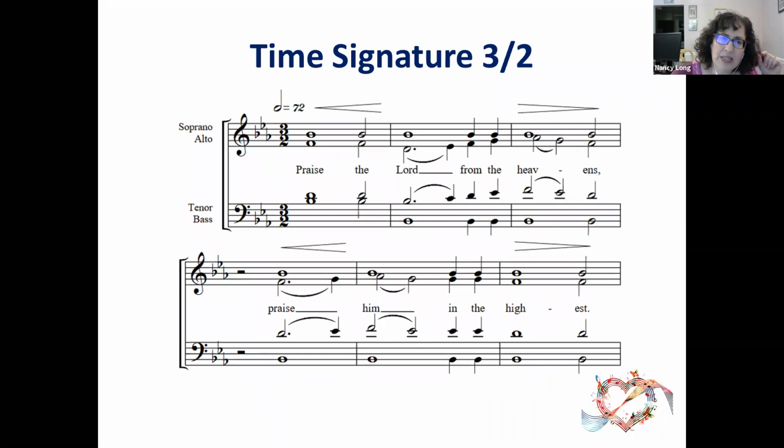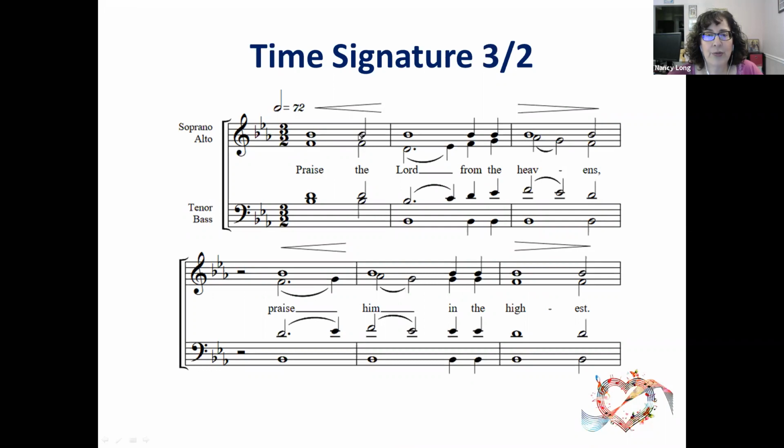I think we didn't talk about this time signature, 3-2. This is another one of our pieces of music where it's 3 half notes per measure. So in this case, this is a whole note, that is, 2 half notes equal 1 whole note.